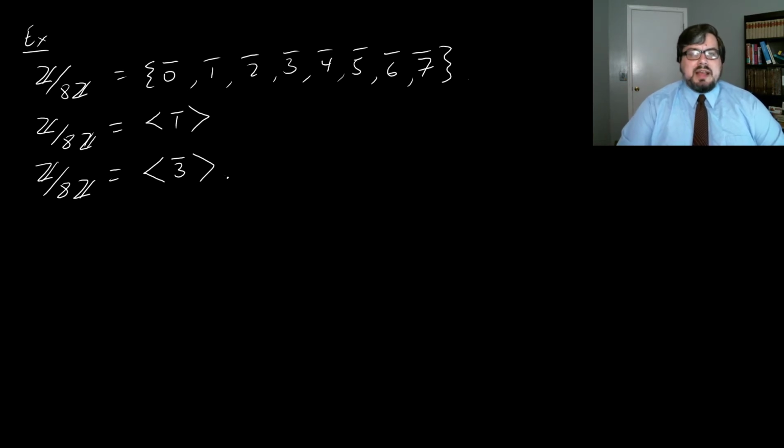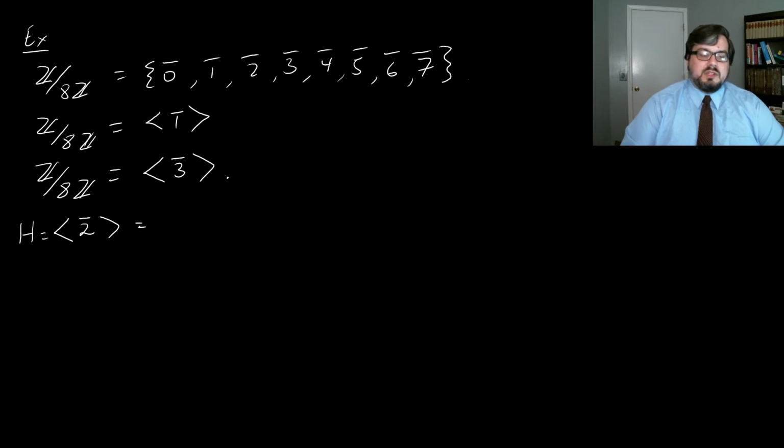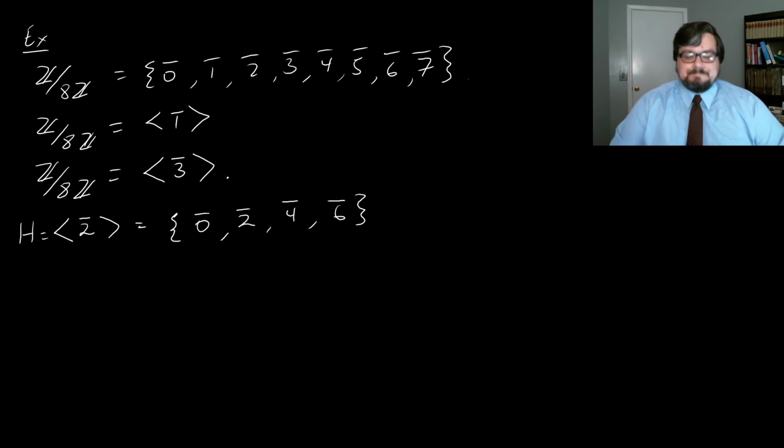And so we can ask, which elements of the set generate this cyclic subgroup? We can also look at some subgroup like the cyclic subgroup generated by 2. The cyclic subgroup generated by 2 in this group is going to be the identity, 2, 4, 6, and stop, because 2 plus 6 gets us back to 0.